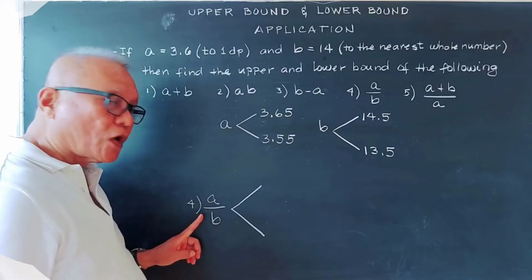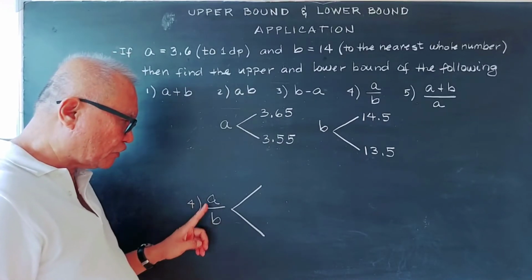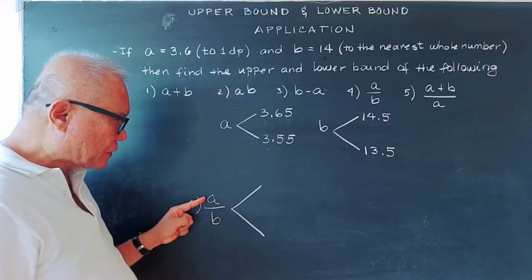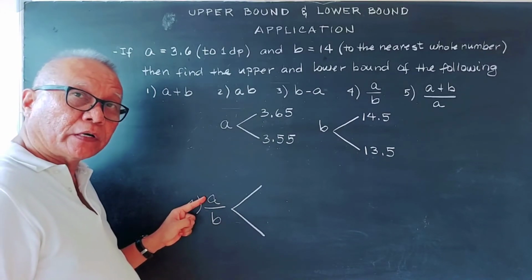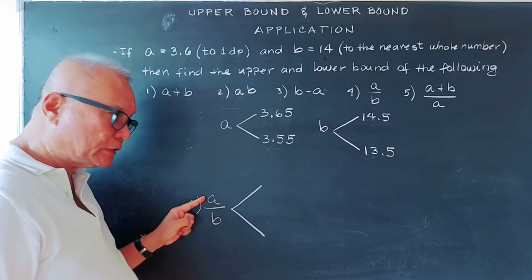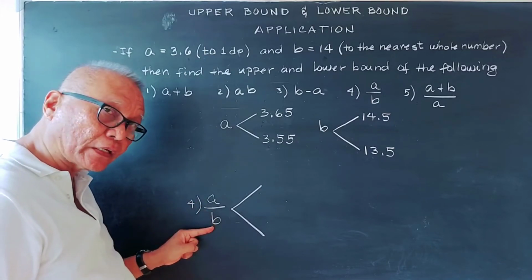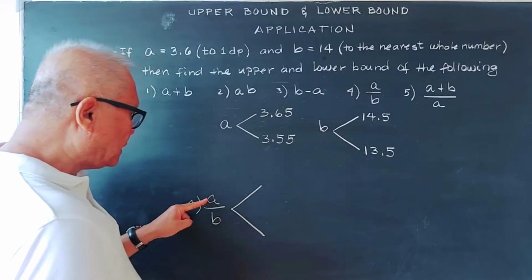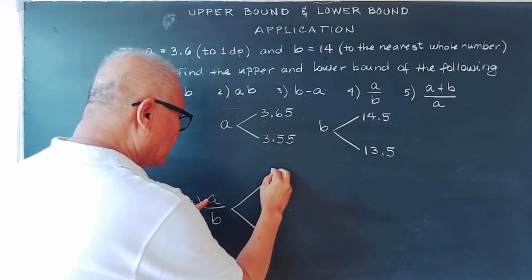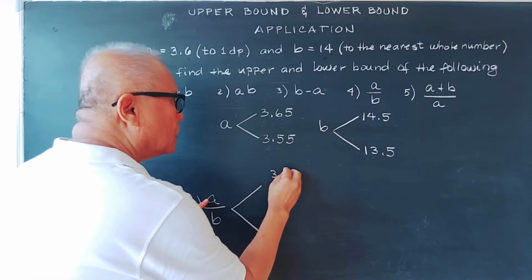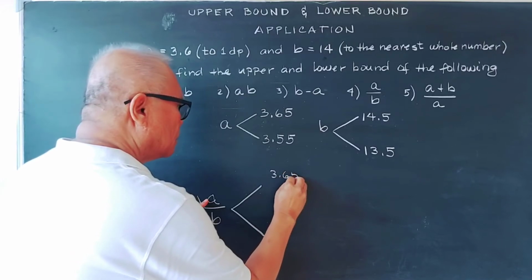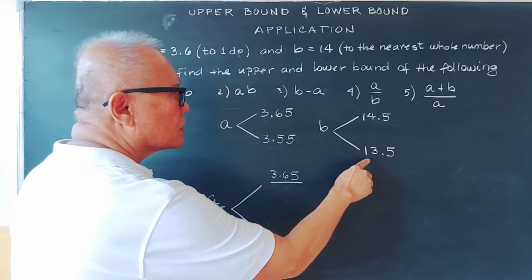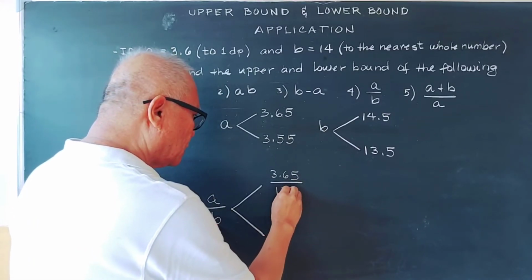Okay, number 4, this one is division. To get the upper bound, we need the upper or larger one divided by the smaller to have a larger number. So A is the upper, which is 3.65 over 13.5 here.